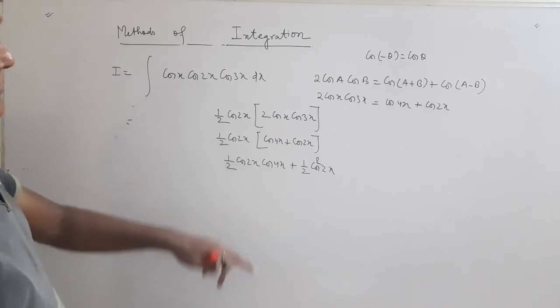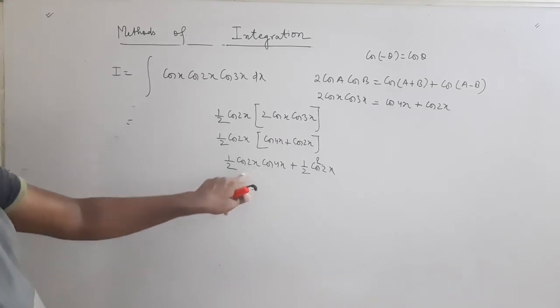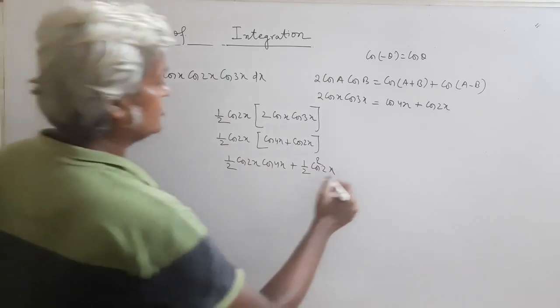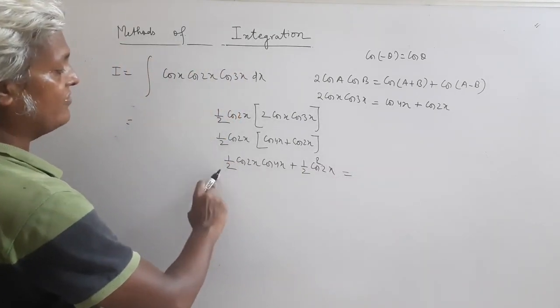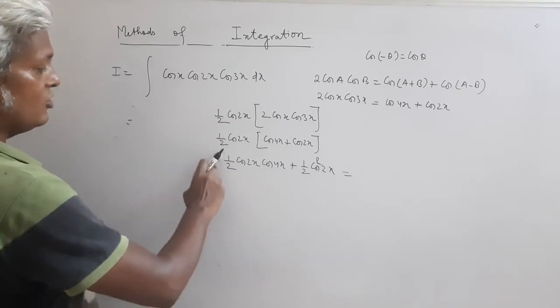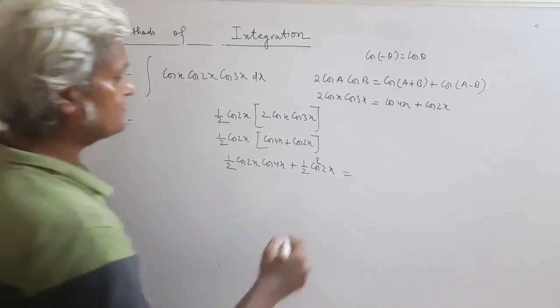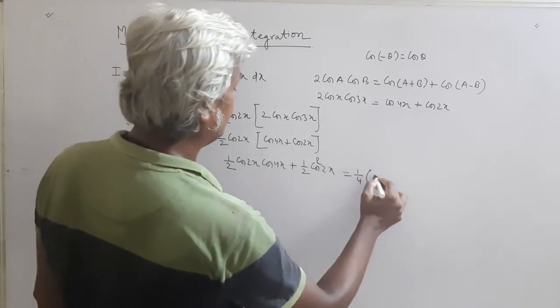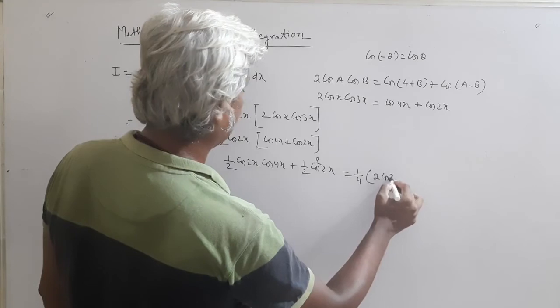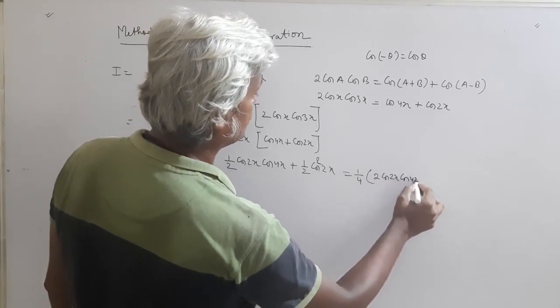Now I'll use the same formula to see how this can be written. First I need to put 2 inside and the half outside. So 1/2 is already there, so it becomes 1 over 4, and this will become 2 cos 2x cos 4x.